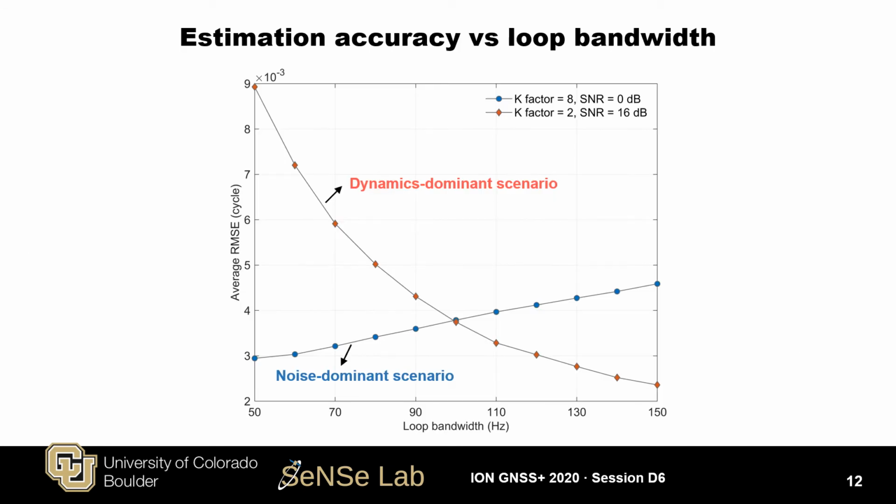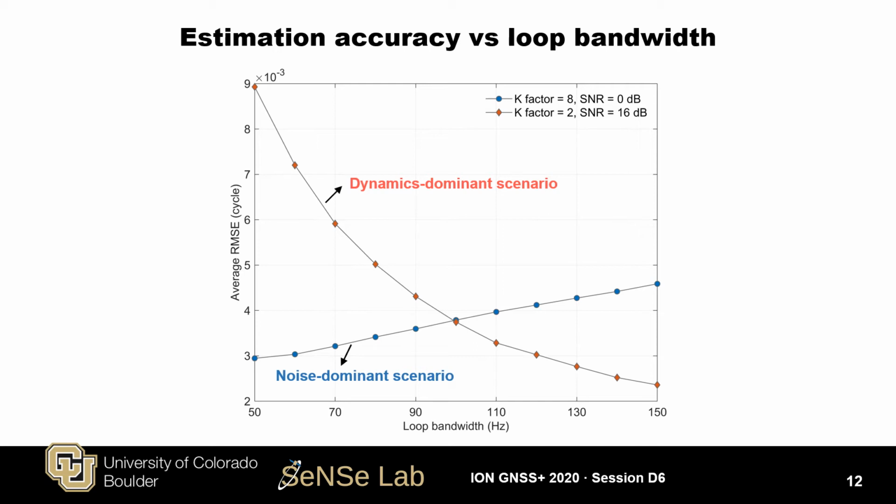This figure shows the estimation accuracy versus loop bandwidth in two specific scenarios: a noise dominant scenario with a high key factor and a low SNR, and a dynamics dominant scenario with a low key factor and a high SNR. For the noise dominant scenario, the major contributing factor of the carrier phase error is thermal noise.